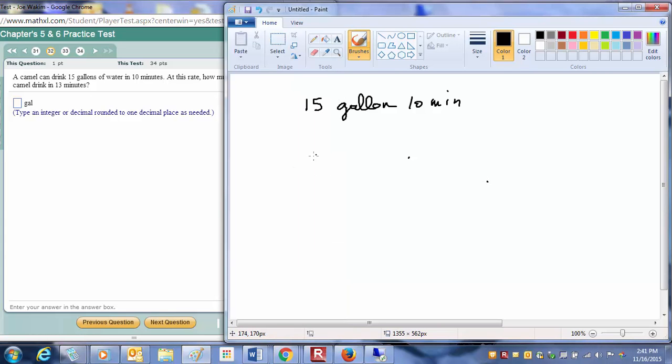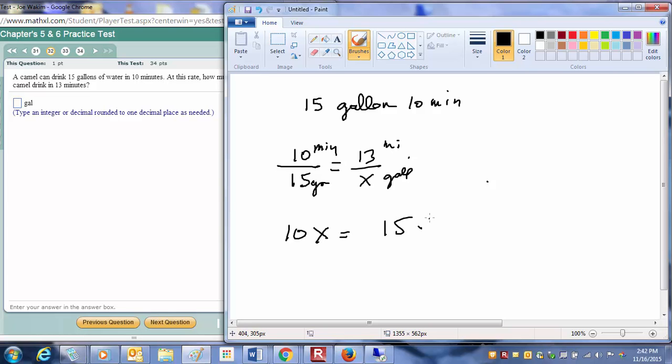So let's do it this way. 10 out of 15 is 13 minutes out of x. So minutes, gallons, and then minutes, gallons. Every time you have a fraction equal to a fraction, you can cross multiply. Then x equals 15 times 13 and then divide both sides by 10.